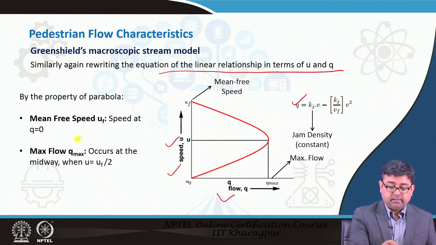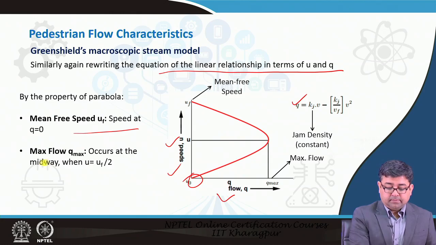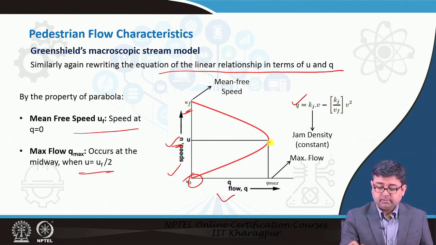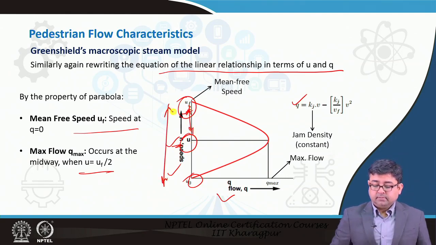Again, we have already seen that at free flow speed q is equal to 0, and max flow occurs at a speed that is half of the free flow speed, right. So, maximum flow occurs at half of free flow speed. This is half of the entire free flow speed.